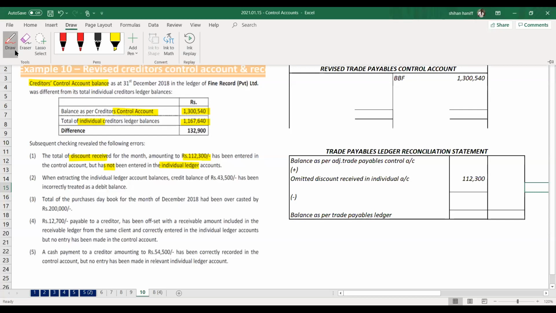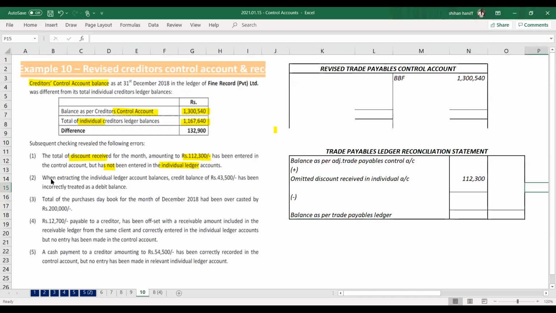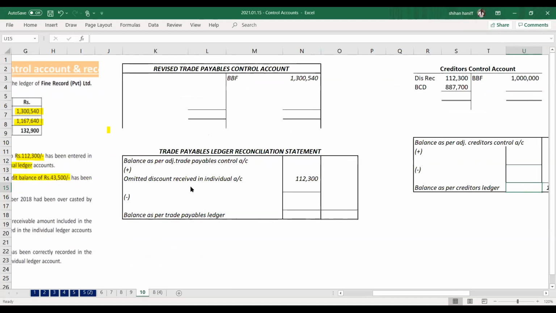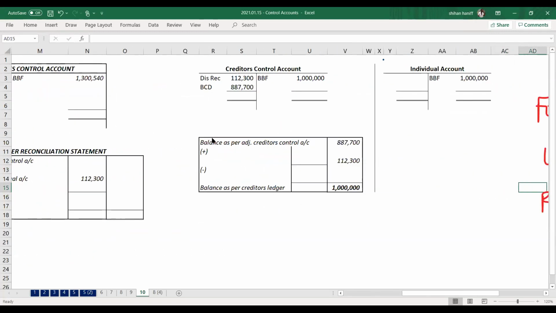In the second one: when extracting the individual ledger account balances, a credit balance of 43,500 has been incorrectly treated as a debit balance. Right? It's in the individual account.